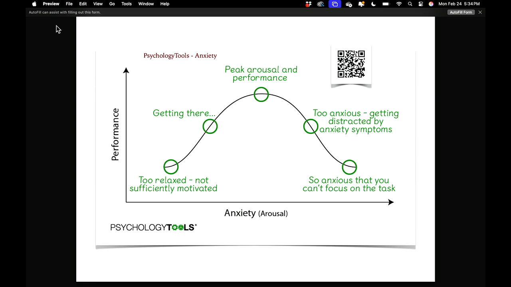Research has indicated that too little anxiety leads to low performance, and too much anxiety leads to low performance, and there's an ideal amount of anxiety that leads to peak performance. So we get this curved relationship, which is very different than a linear relationship.